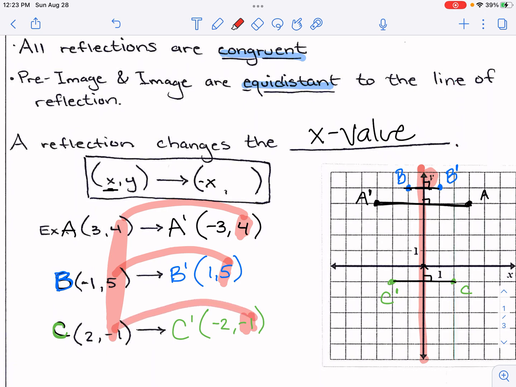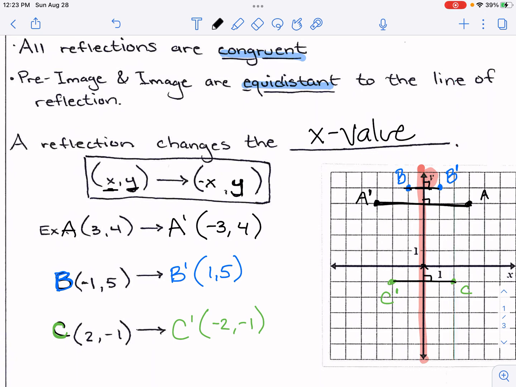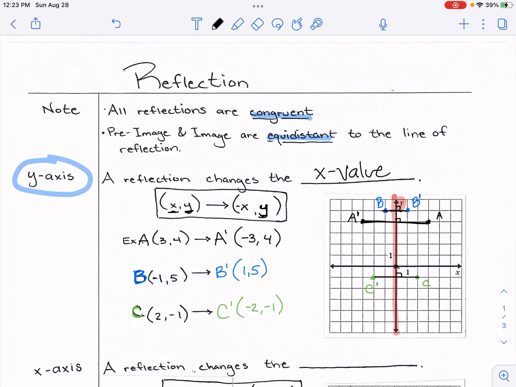So when we reflect about the y-axis, the y's actually don't change. The y's are exactly the same. So how we had y here, I'm just going to have y here as well. Okay, so lastly here, when you reflect about the y-axis, you change the other variable. The x changes.